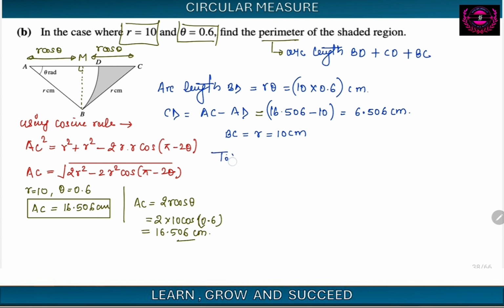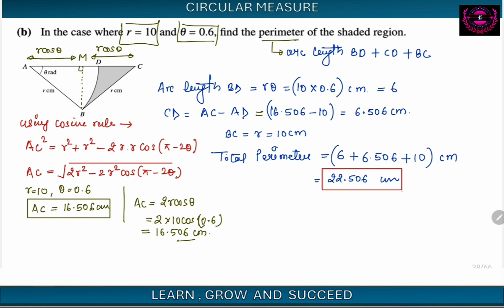Therefore, total perimeter is 10 into 0.6, which is 6 only. 6 plus 6.506 plus 10, the total is 16 plus 6, 22.506. So you can write simply 22.50, and that is your final answer.